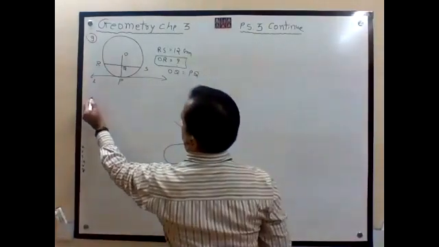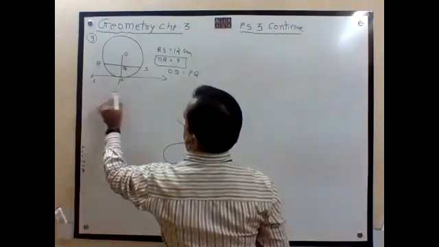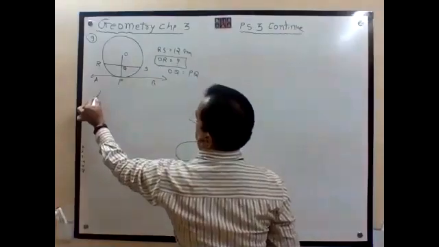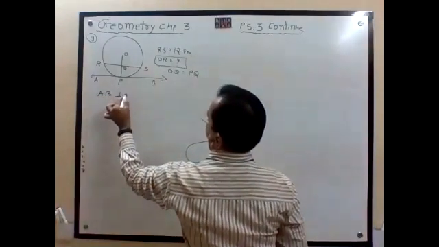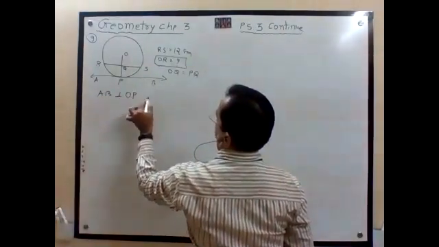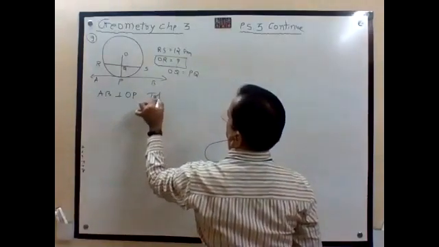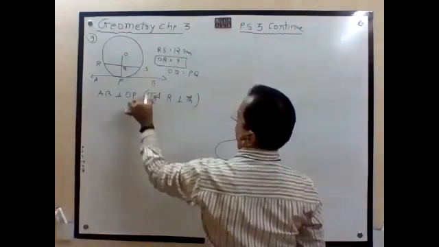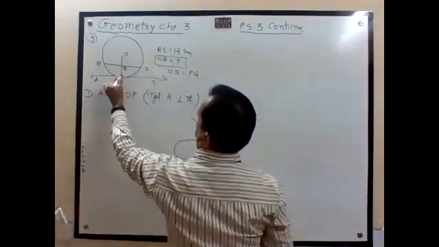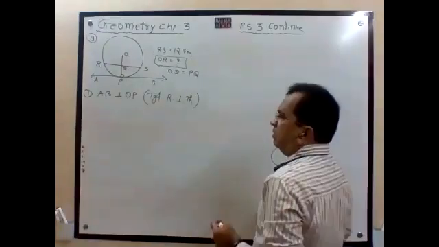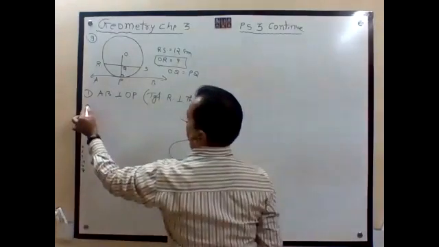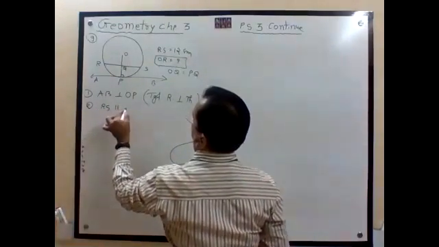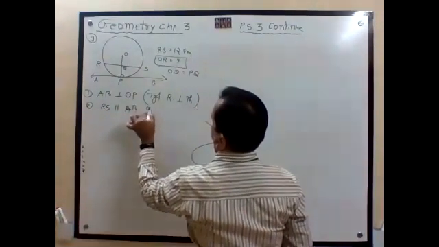Correct. First, take AB. AB is perpendicular to OP, by the tangent-radius perpendicular theorem. This is 90, given. Then RS is parallel to AB.